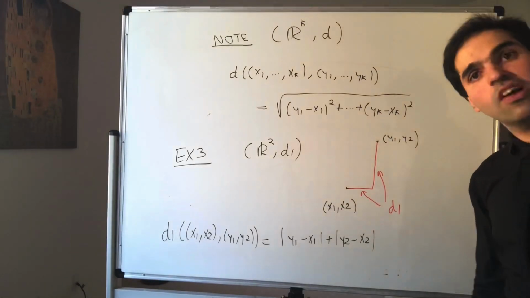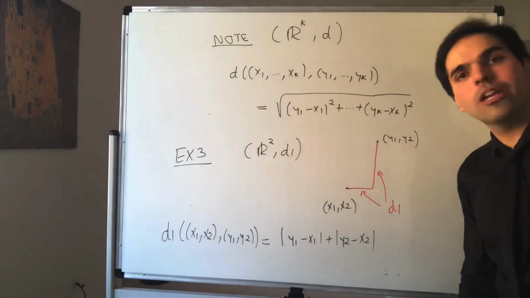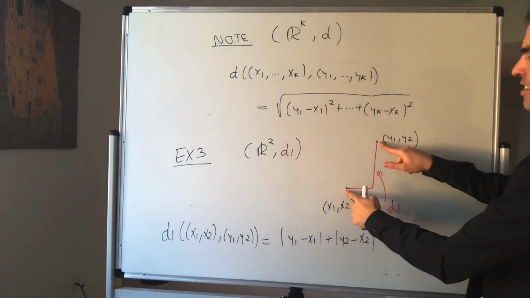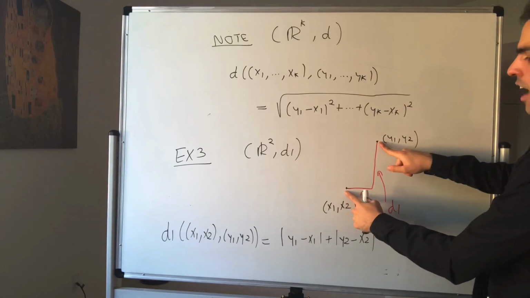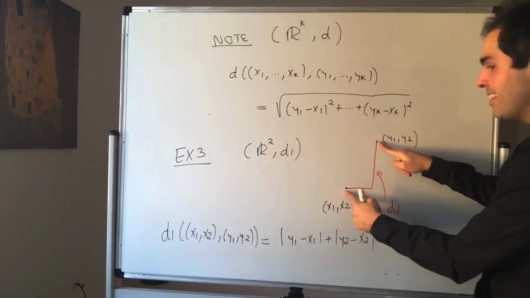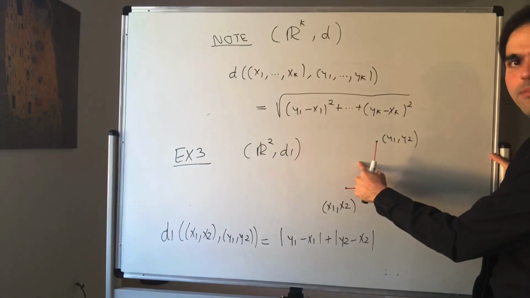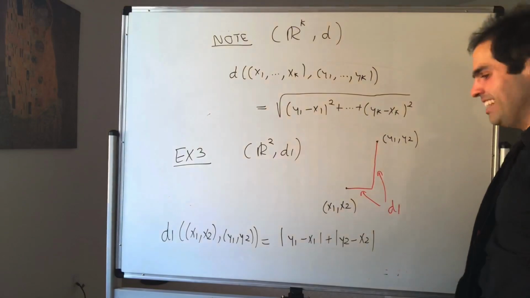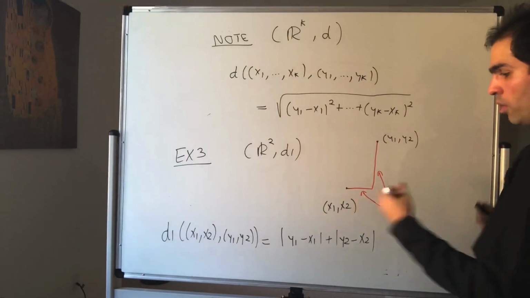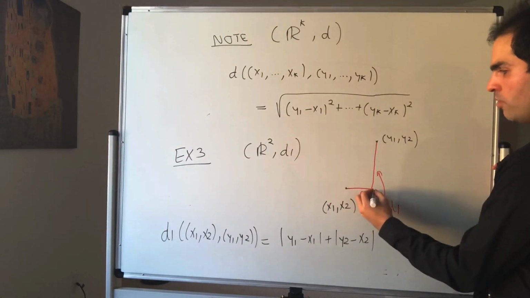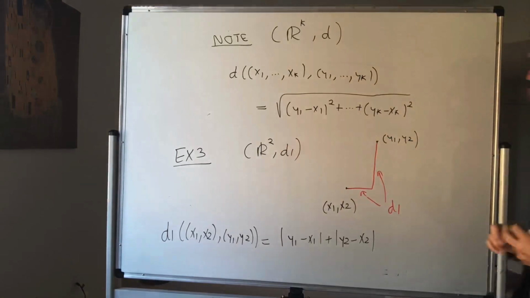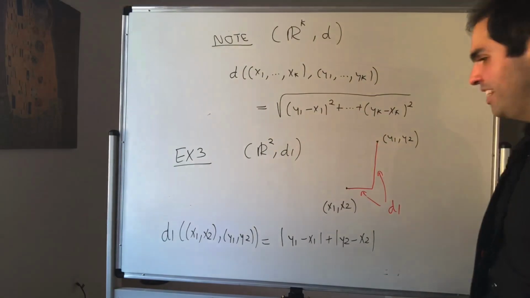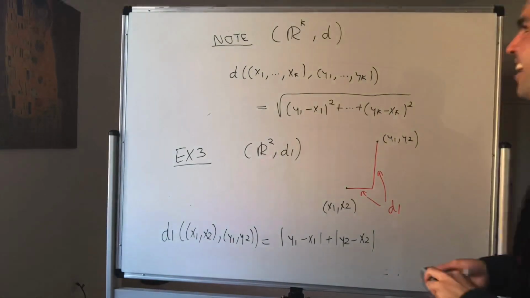Now, why is it called the taxicab metric or the Manhattan metric? Because if you want to get from this destination to this destination with a taxi in Manhattan, usually there's a building in the middle, so you can't just cross it. This is not Grand Theft Auto or anything. So you first go one block to the right and then one block up, and you go to your destination. That's usually how your taxi fare is calculated, at least back in my days.